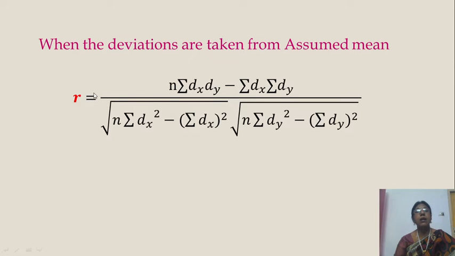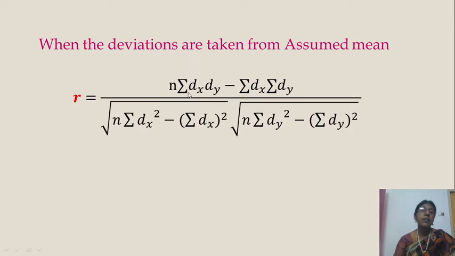Now gamma is equal to n into sigma dx dy minus sigma dx into sigma dy, by root of n sigma dx square minus sigma dx whole square, into n sigma dy square minus sigma dy whole square. Deviations are known, the d values. Suppose we take a problem, then you can understand easily.